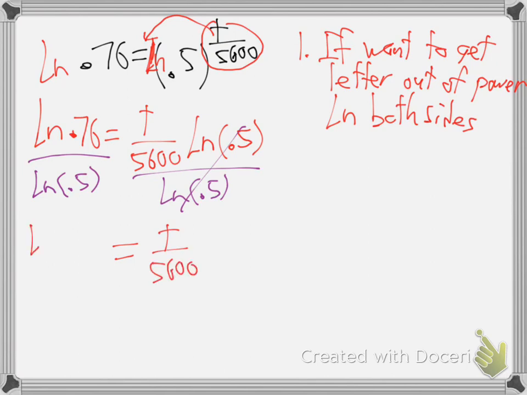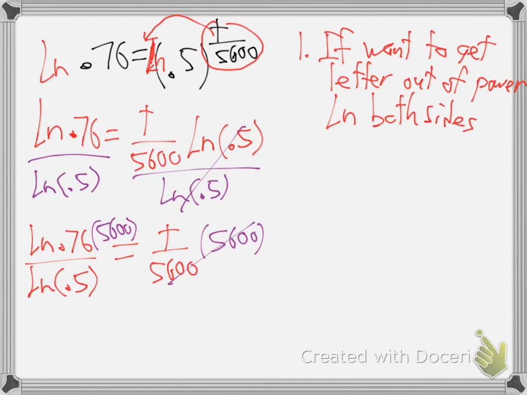So this will be ln 0.76 over ln 0.5. Good. And what's the last step to get t alone? Multiply both sides by 5,600. Yeah, multiply by that 5,600. Boom. T, and then just use your calculator.